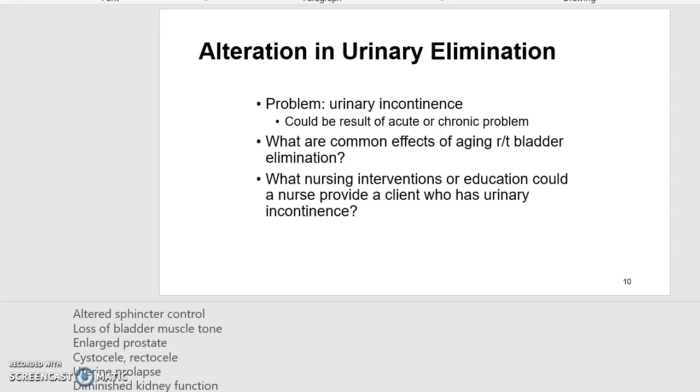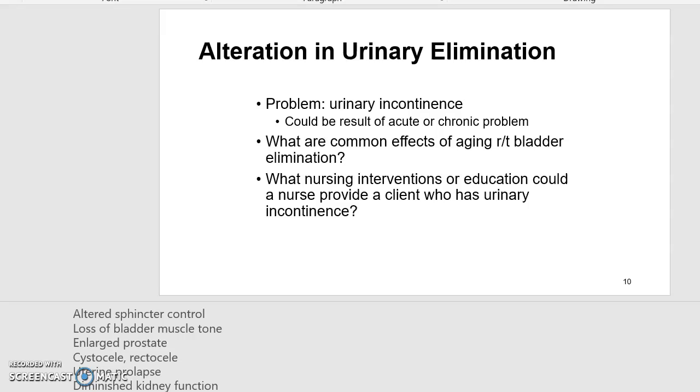They are on a lot of medications that can affect their urinary elimination. They have an altered sphincter. Remember, the sphincter is a muscle, so they have less muscle tone throughout the body. Men have an enlarged prostate.